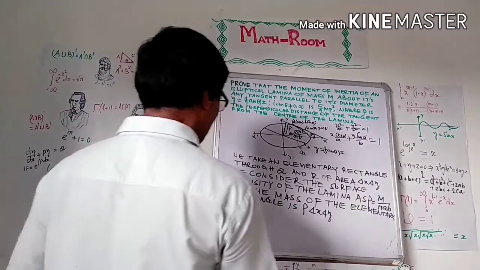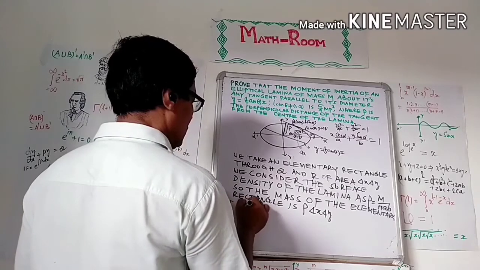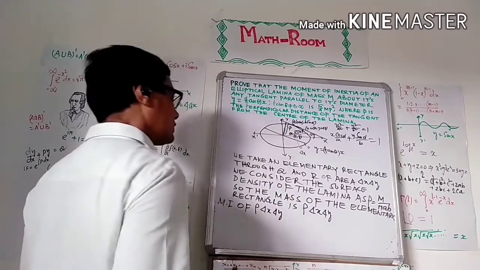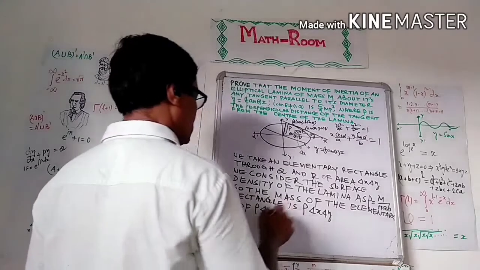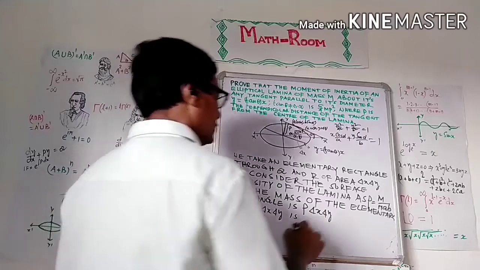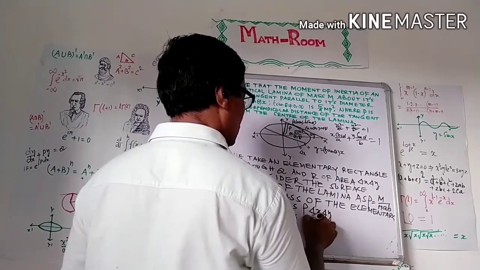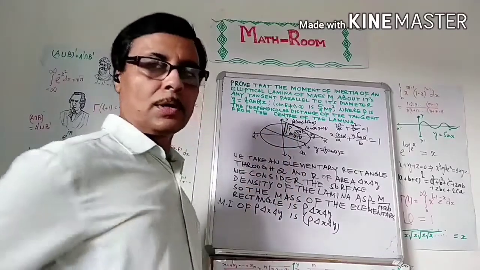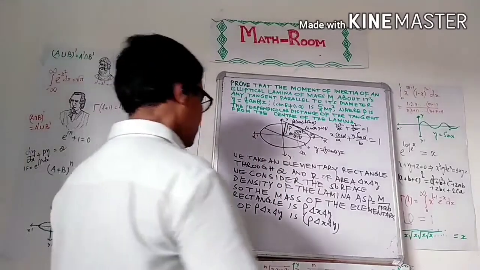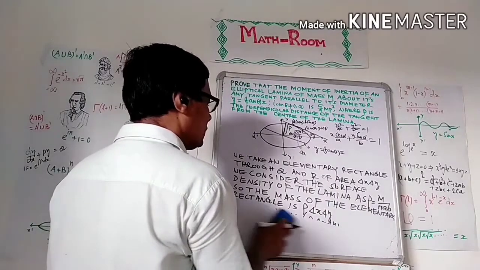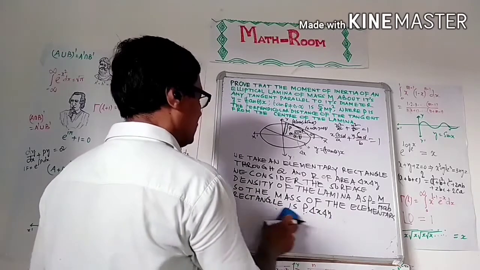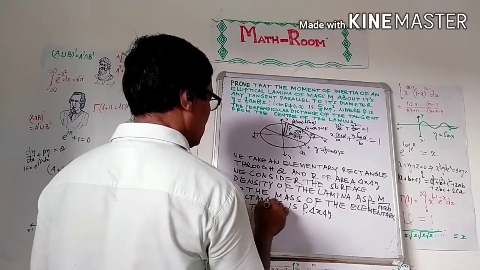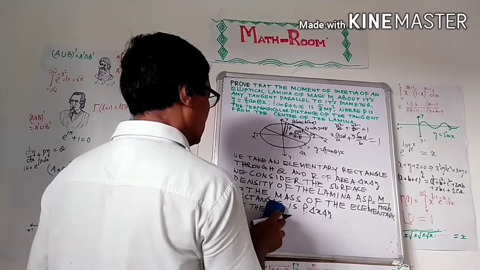The elementary rectangle, whose length and breadth del x and del y are infinitesimal, is a very small rectangle. Its moment of inertia about the diameter is its mass, rho del x del y, into the square of the perpendicular distance of this point mass from the diameter.